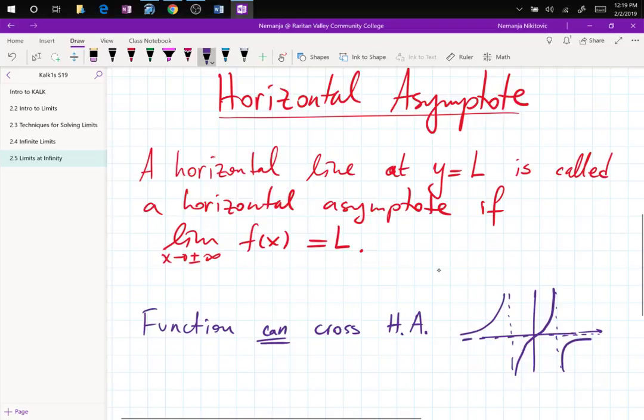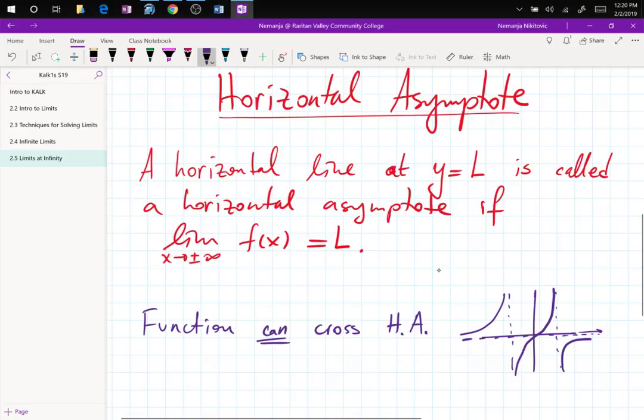A horizontal asymptote can be pierced, and you get to obey the asymptote only at infinities. So this is a horizontal asymptote.